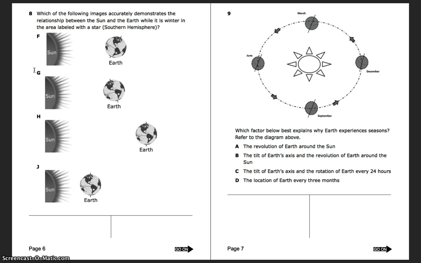Which factor below best explains why Earth experiences seasons? Refer to the diagram above. A, the revolution of Earth around the sun. B, the tilt of Earth's axis and the revolution of Earth around the sun. C, the tilt of Earth's axis and the rotation of Earth every 24 hours. D, the location of Earth every 3 months.